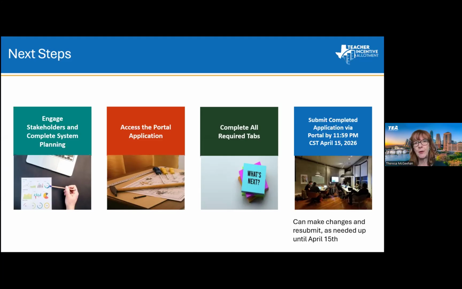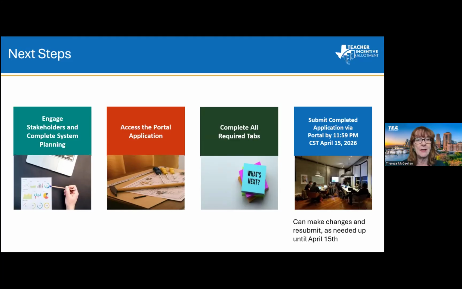One quick note, if you want to submit early, let's say you're ready today, or maybe you submit it March 1st, and then on April 1st, you think, you know what, we need to change something else. You can go back and make edits to your portal, even after you've submitted, up until the deadline.